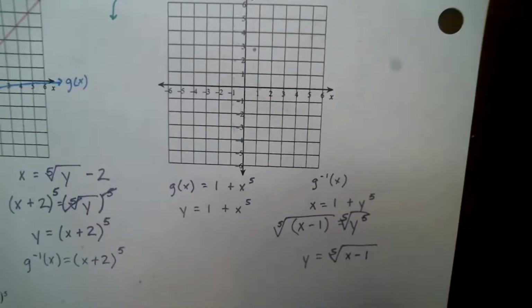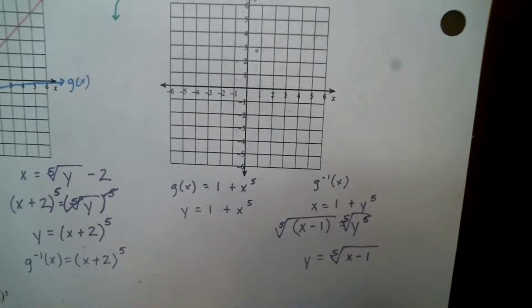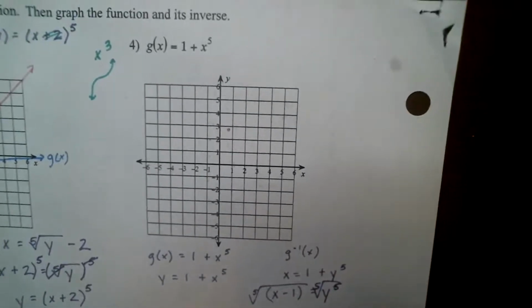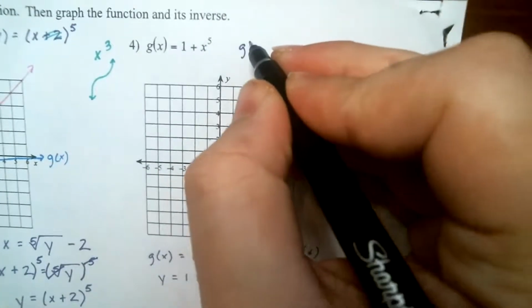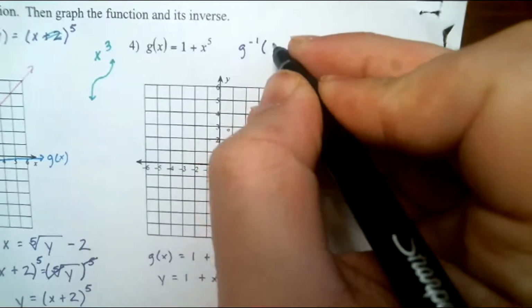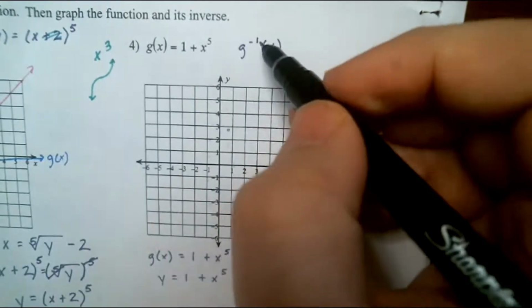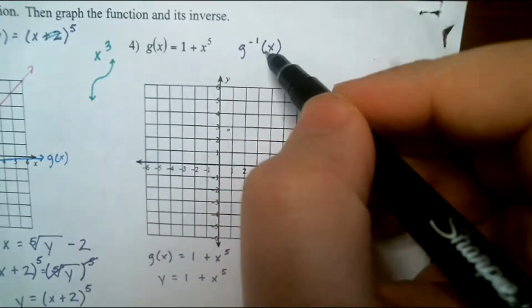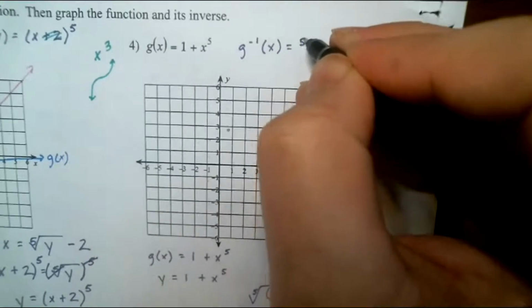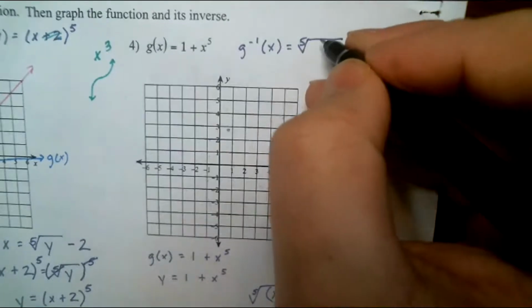So I have g of x as 1 plus x to the 5th power, and my g prime of x, or not g prime, sorry, calculus kicking in, the inverse of g of x. The inverse of g of x is equal to the 5th root of x minus 1.